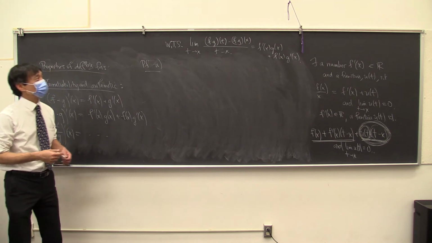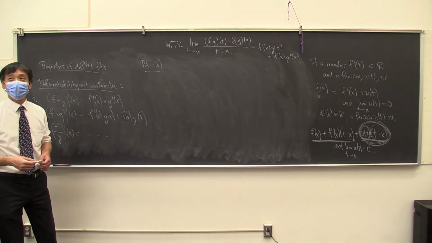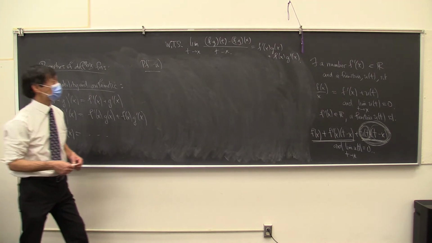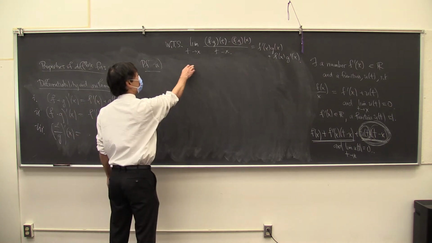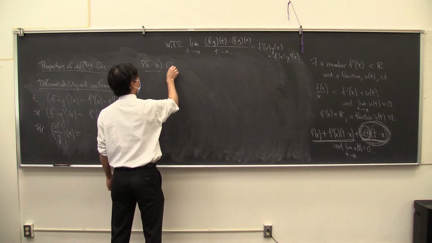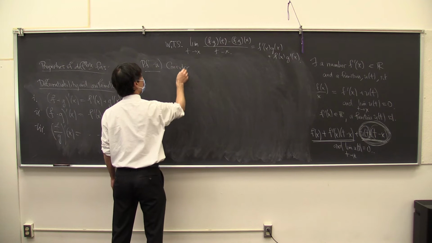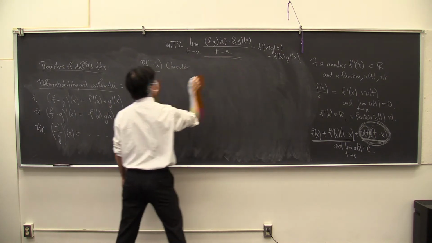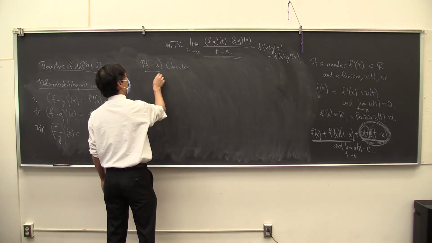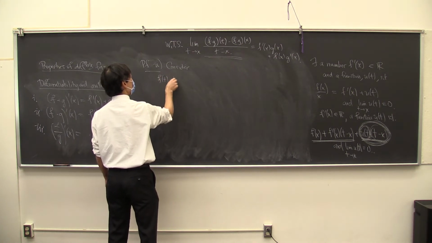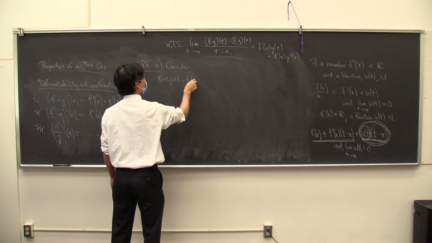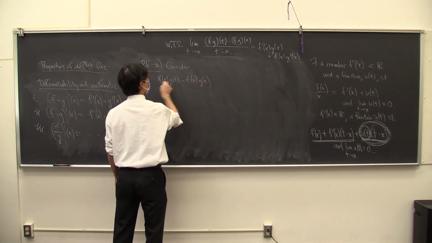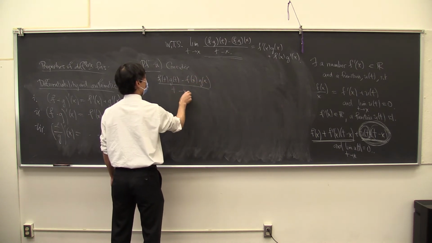That's of course what we want to show. So let's consider the thing we're taking the limit of on the left-hand side. So we have f of t g of t minus f of x g of x, over t minus x.